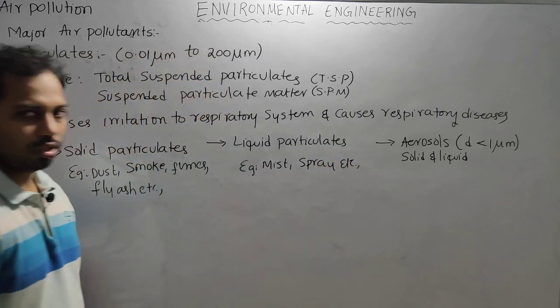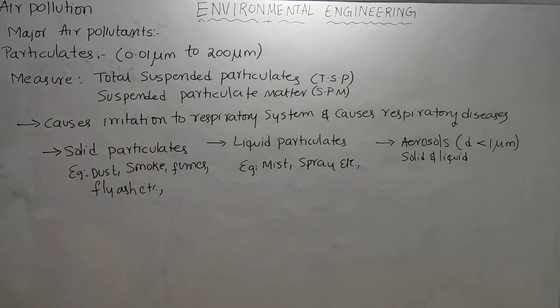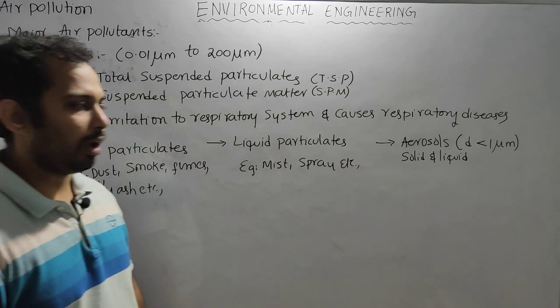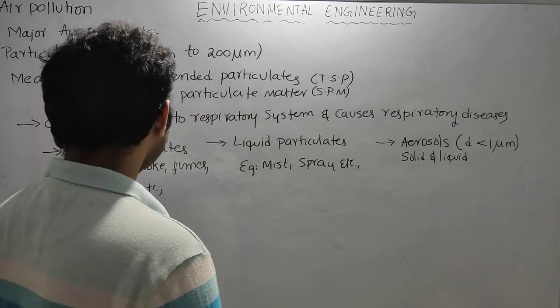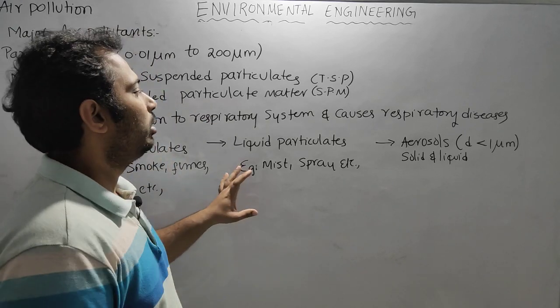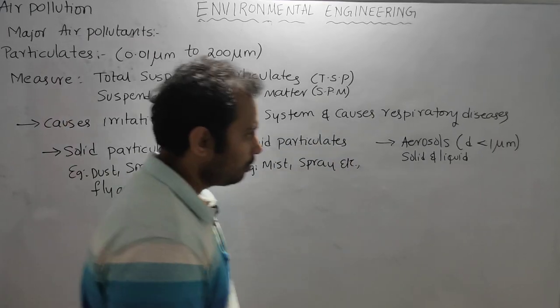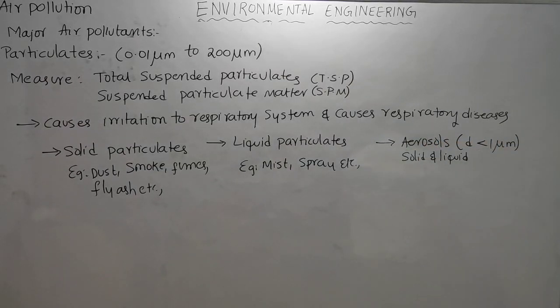In aerosols also the same things will come, but in a smaller diameter, less than 1 micrometer. The same solid and liquid particulates come here also, but we call them aerosols.